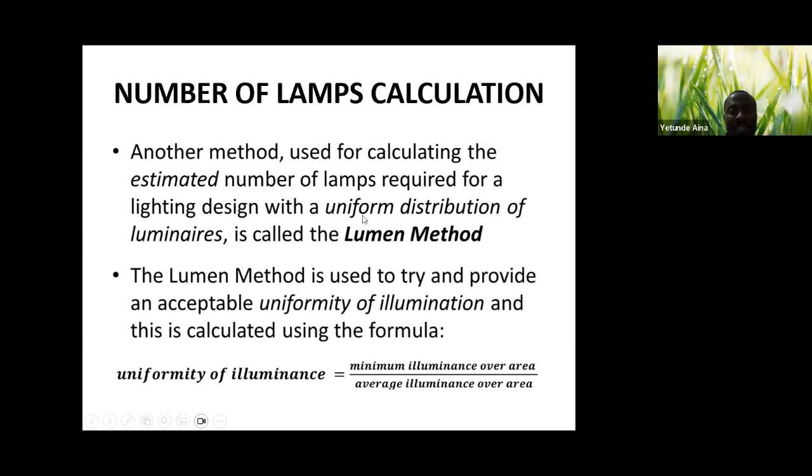Now, in this lumen method, for a lighting design with a uniform distribution of luminance, we have the uniformity of the illuminance to be equivalent to the minimum illuminance over area divided by average illuminance over area. That is the formula for that.